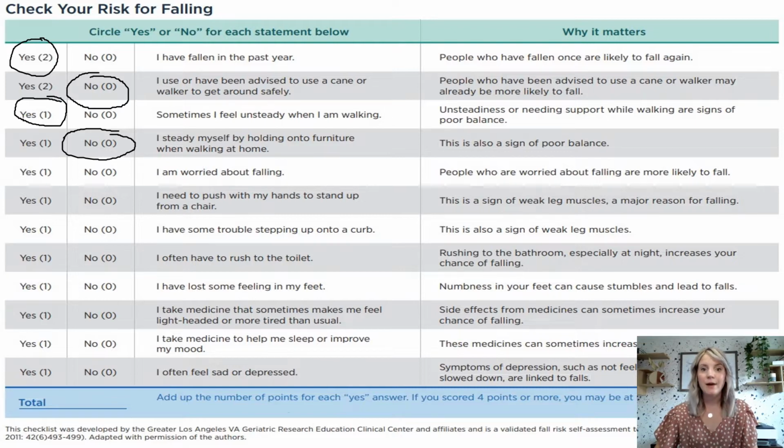People who are worried about falling are more likely to fall. I need to push with my hands to stand up from a chair. This is a sign of weak leg muscles, a major reason for falling. I have some trouble stepping up onto a curb. This is also a sign of weak leg muscles.